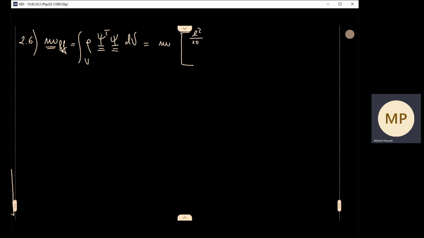L squared divided by 105, 0, minus L squared divided by 140, 0, L squared divided by 3, 0, and here you get, of course, it's symmetric, L squared divided by 140, 0, L squared divided by 105.